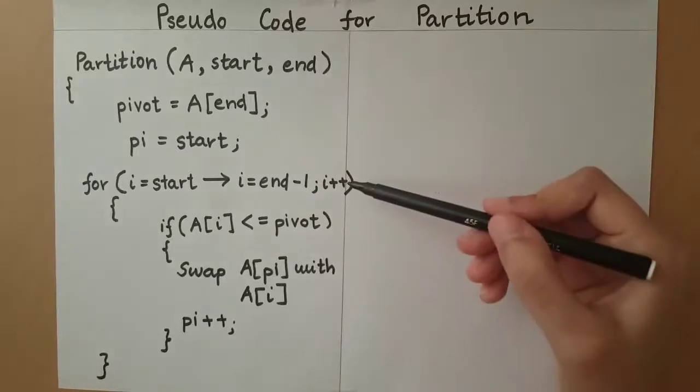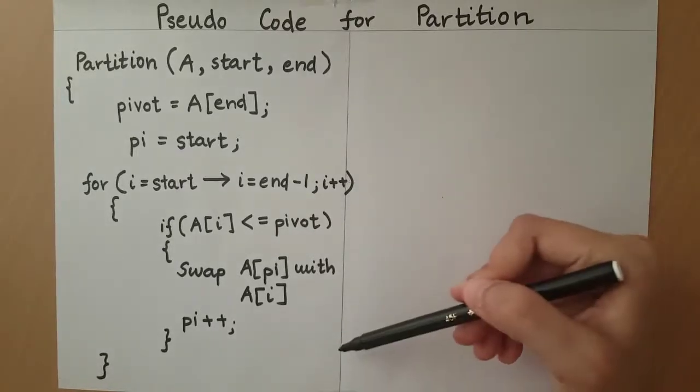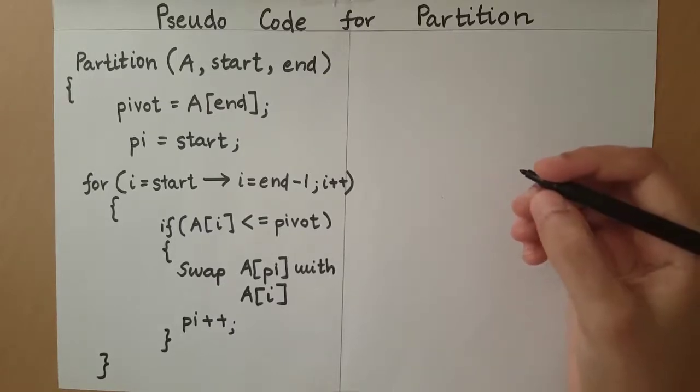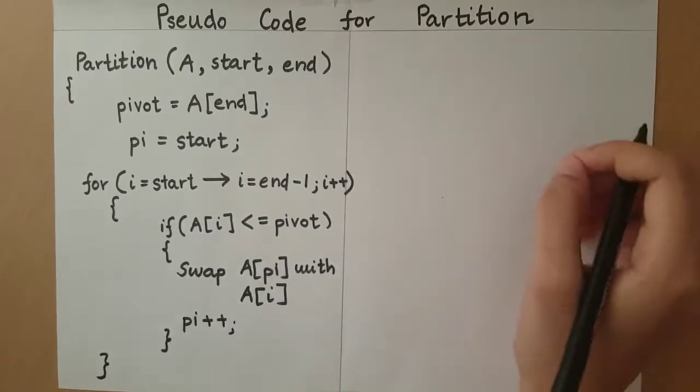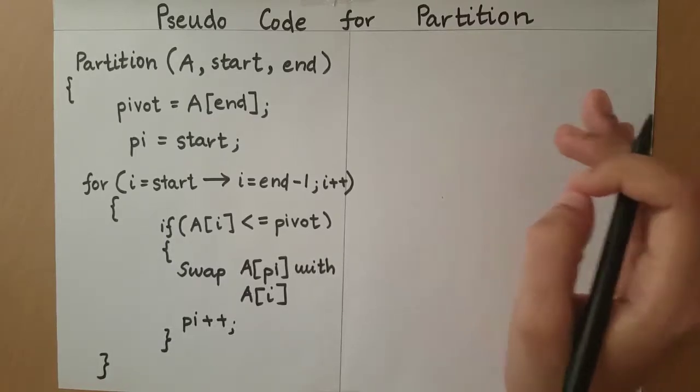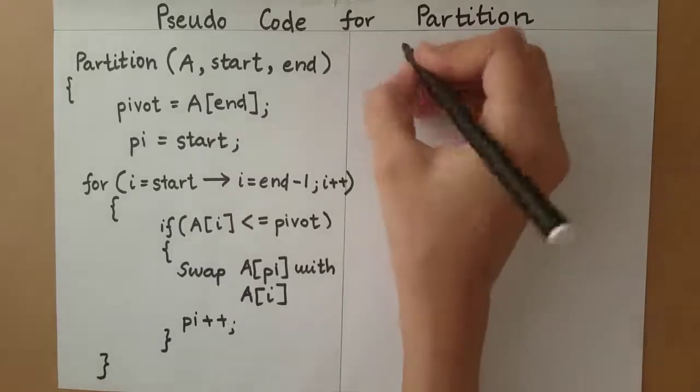Once we have checked every element of the array up till the pivot, we must swap the element at array of pi with the pivot, or we must swap array of pi and array of end.